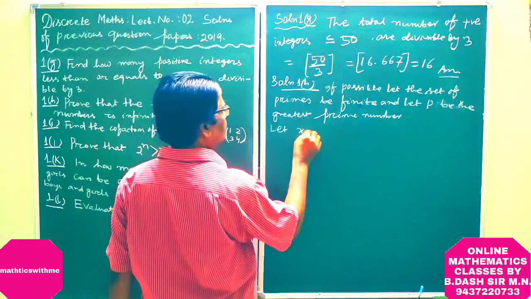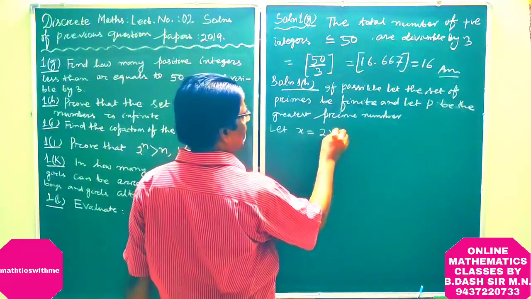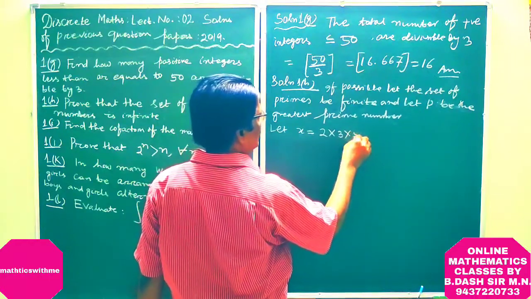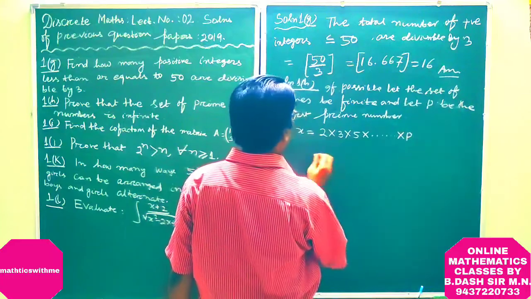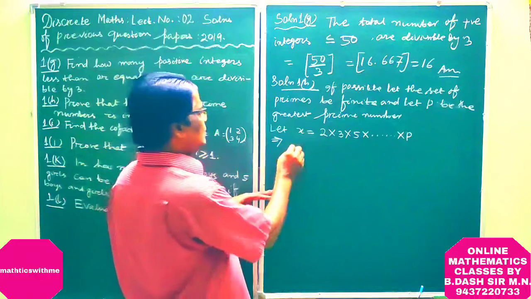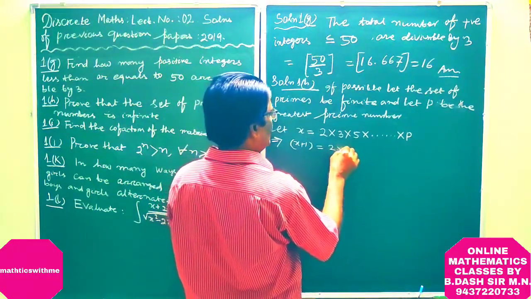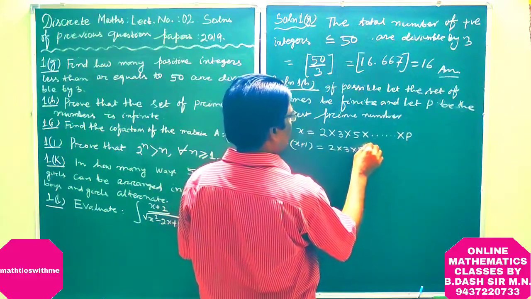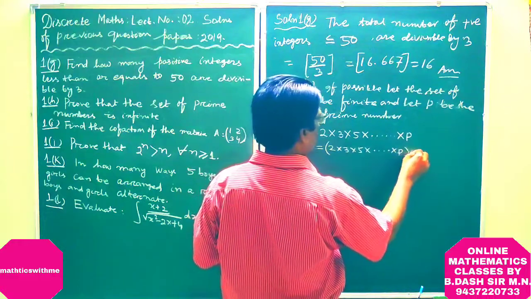Let X be equal to the product of such primes, 2 into 3 into 5 into ... into P. This implies X plus 1 is equal to 2 into 3 into 5 into ... into P, plus 1.